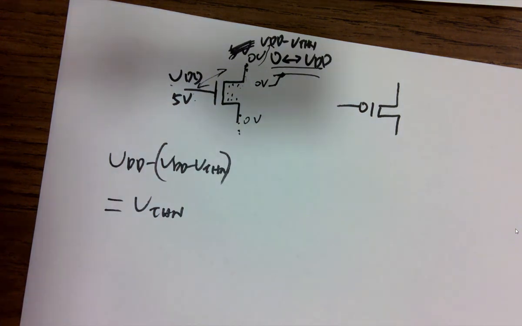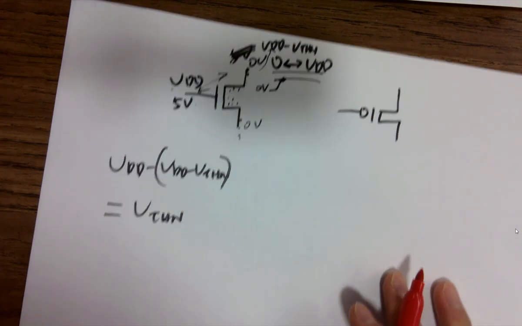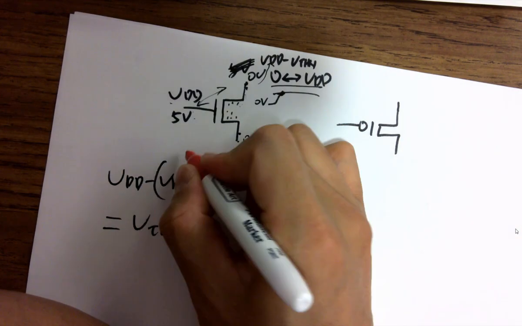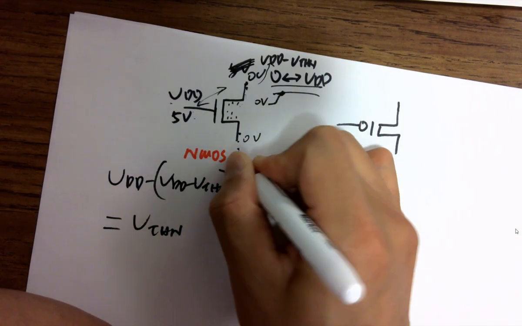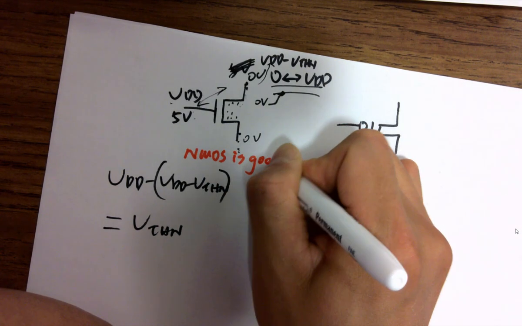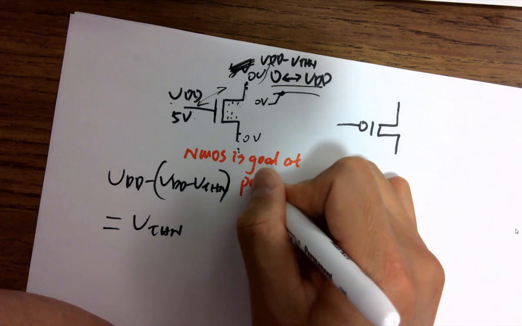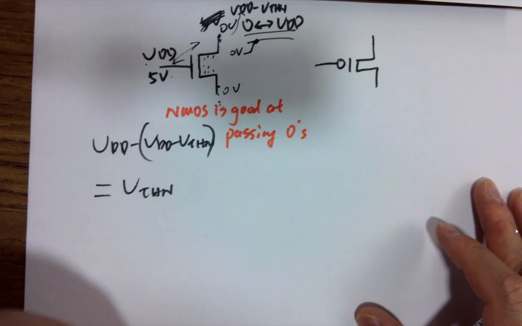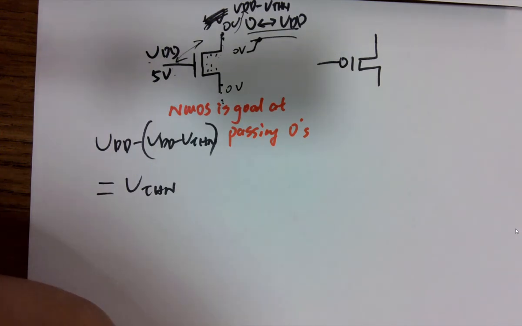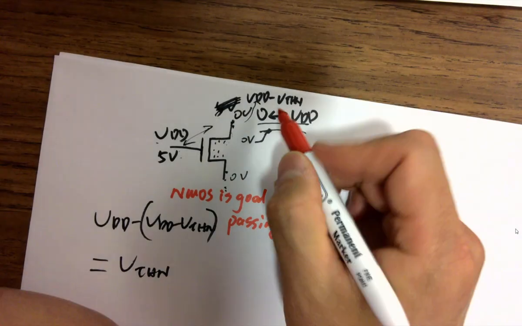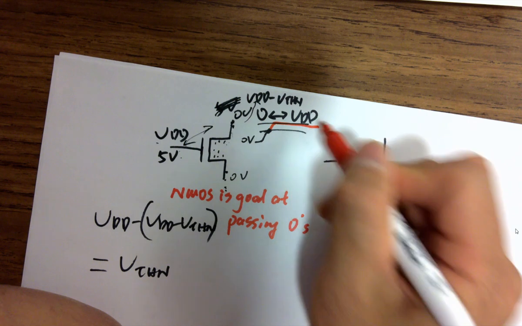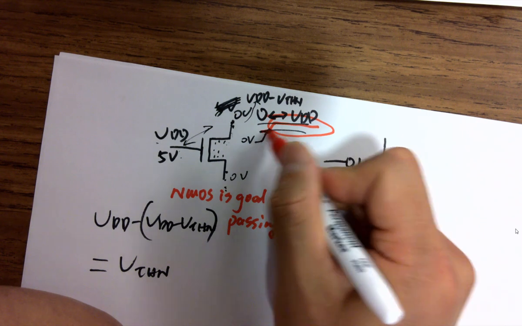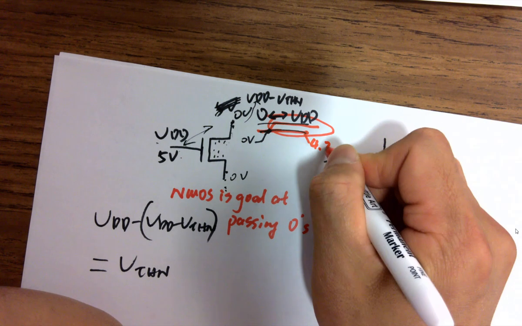So that's going to be a problem. So the conclusion here is, NMOS is good at doing what? Grounding. Passing what? 0 volt. Passing zeros, right? Does that make sense? So it's basically going here and then keeps going. This won't pass. This is 4.2 volts.